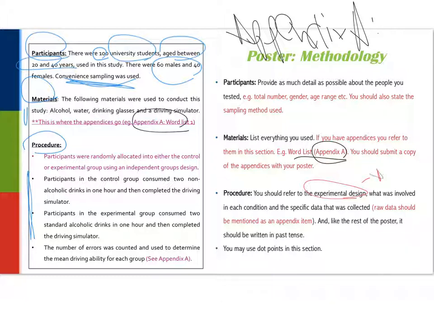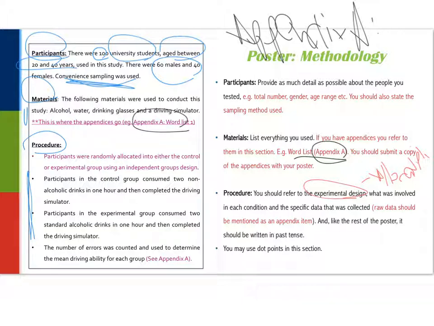If we used allocation, and now for both our experiments, I believe we didn't, because we did it based on classes. So you could say participants were allocated into an independent groups design based on the class that they were in. So you need to make sure that you're saying that we didn't use random allocation and we used independent groups design.